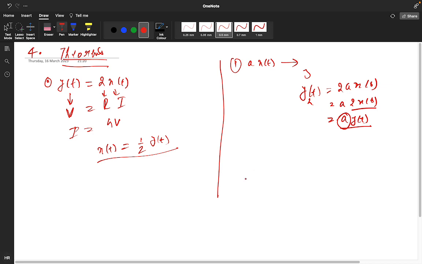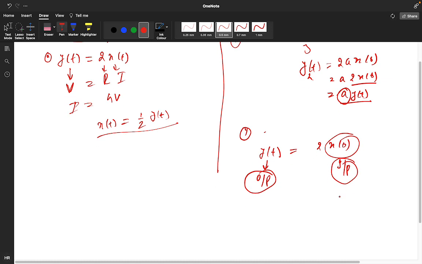Okay, what I want to say is, if you are scaling, if you are multiplying any scalar number to the input, this y of t is equal to 2x of t. This is your output, and this x of t is your input.